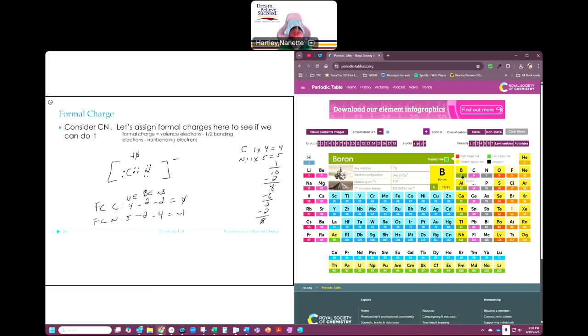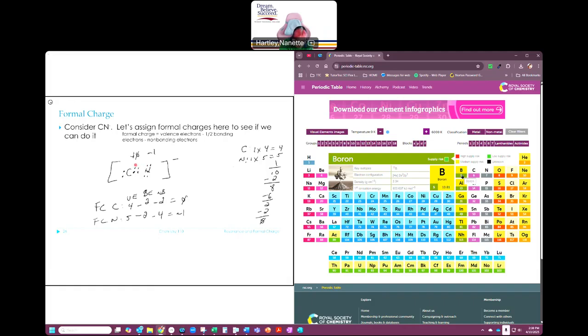But I'm still looking at this, and it's still not the best structure that I can get. We still have some ability to change that and change things up a little bit. Let's see if we can minimize this a little bit more. So what I'm going to do is move another pair so that I can make another bond.